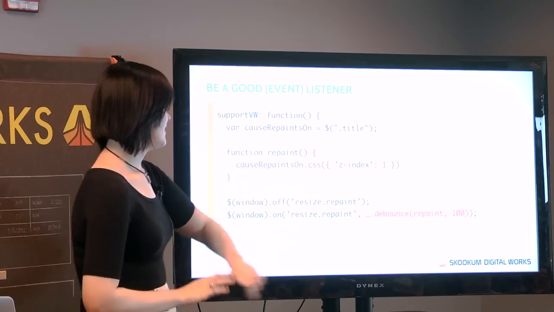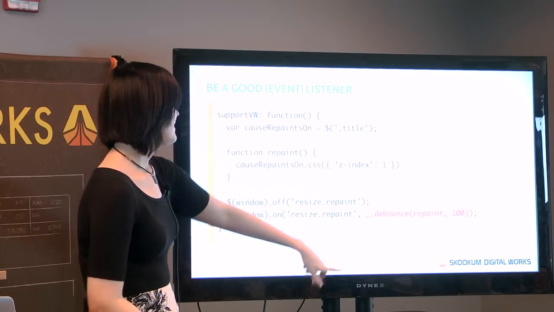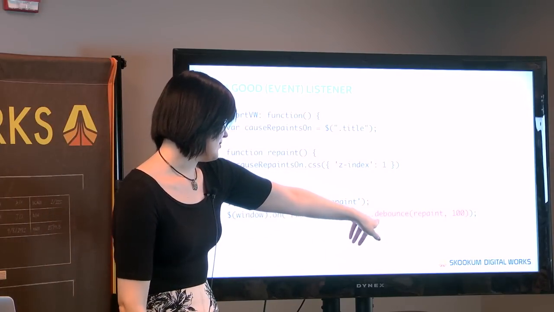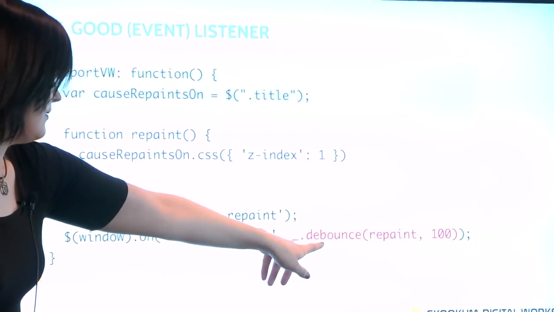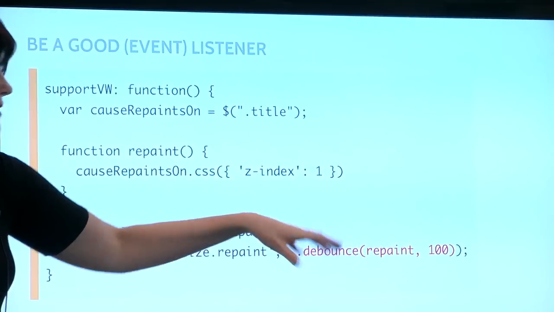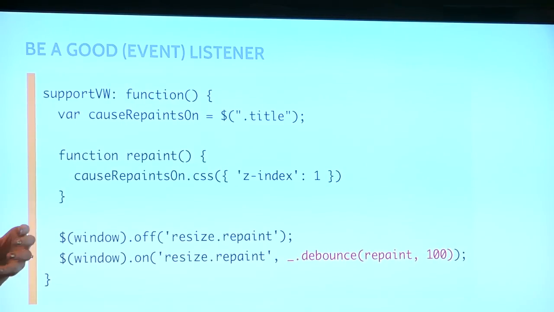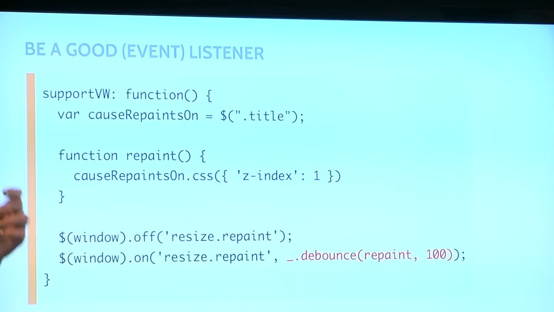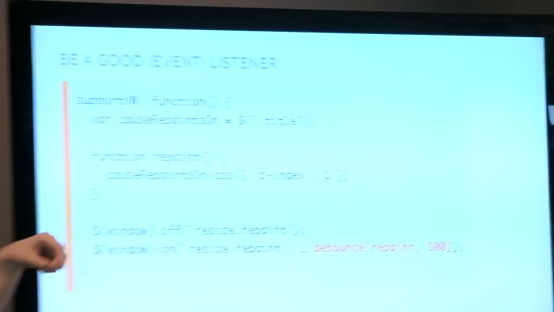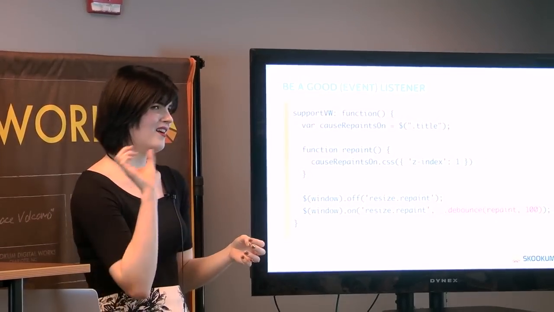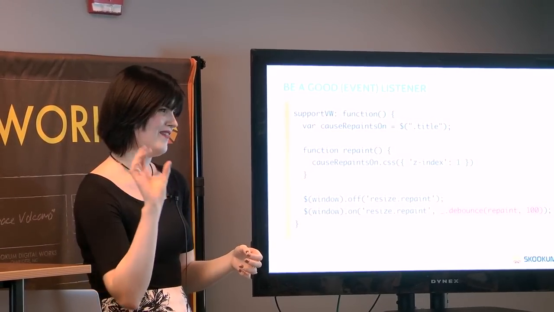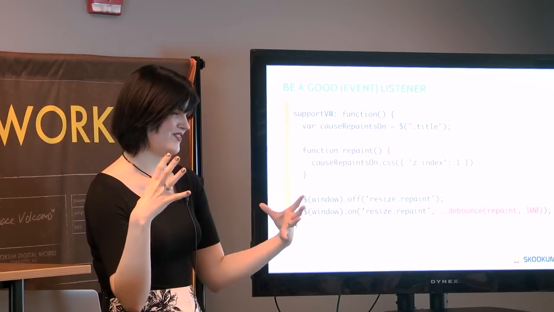And then another special thing I'm doing is wrapping the function I'm calling in underscore's debounce function. The way a resize works in Chrome, as you're resizing, it actually fires a lot of events. And your application probably doesn't care about all those intermediary values of the browser size.